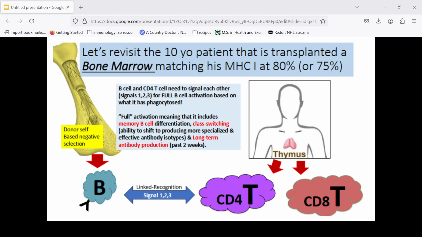This is why we are going to continue to be on immunosuppressants for the rest of our life if we're this recipient. These bone marrow B cells know this guy's body, and for the rest of this guy's life, he's going to have B cells in him that recognize another guy, which means at any point we could get that short-term B cell response, or you're going to get some IgM because you're going to get some recognition of some kind of self-epitope.